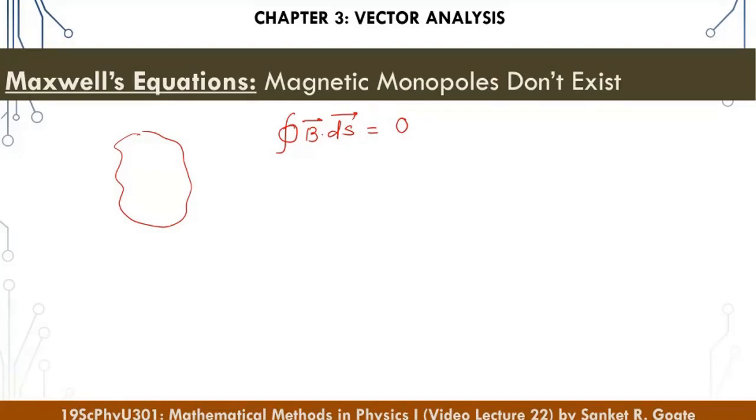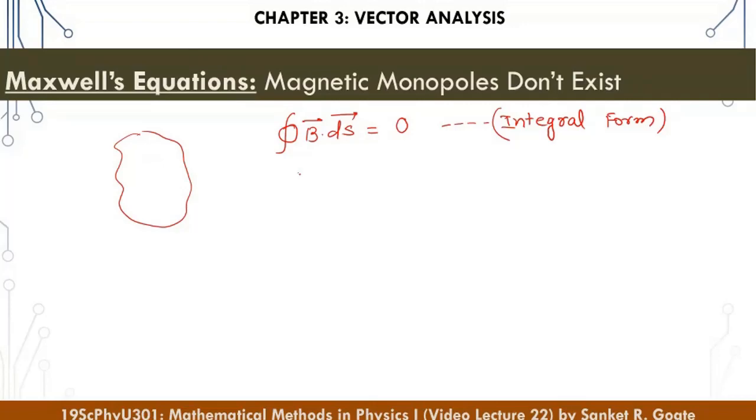Magnetic field is always present in terms of two poles, and therefore this is the equation that we get. What is this form? This is the integral form of the second Maxwell's equation.